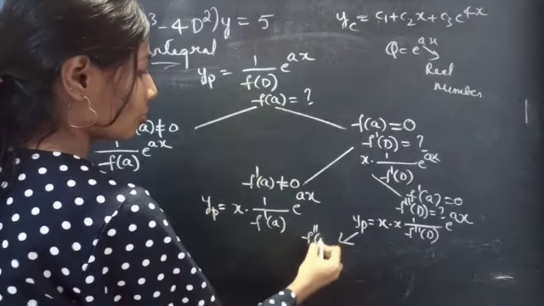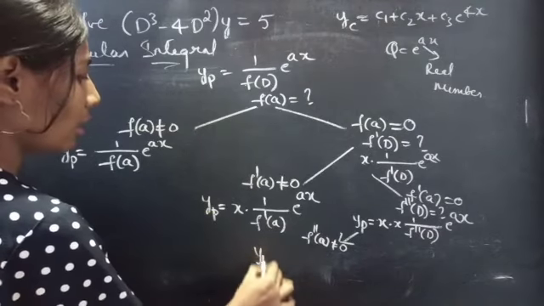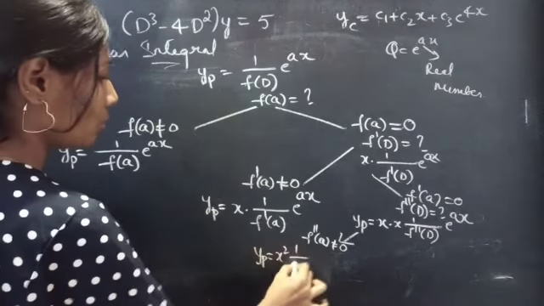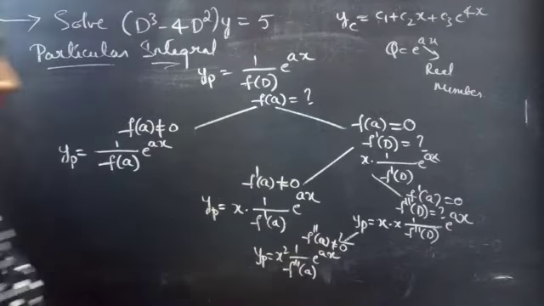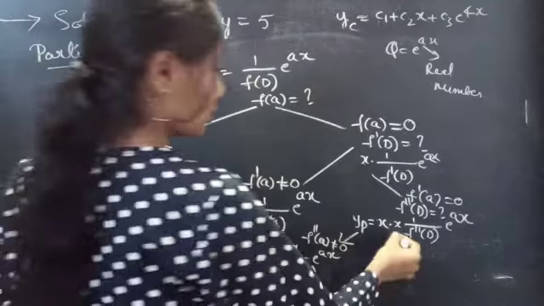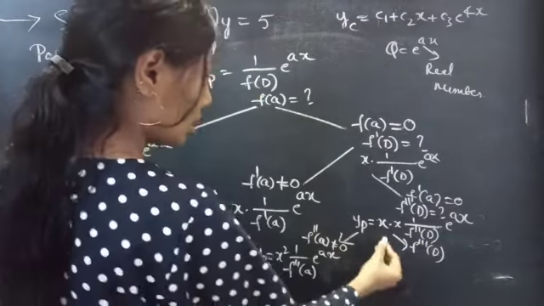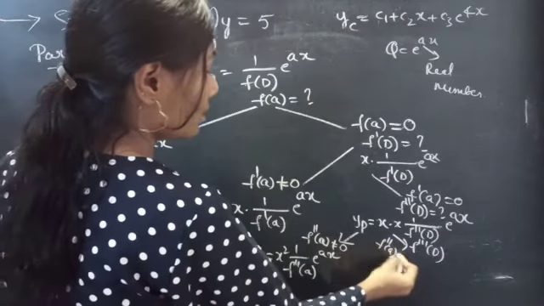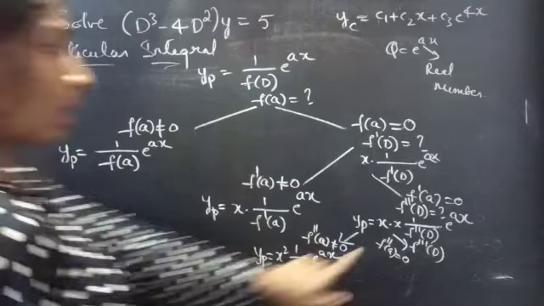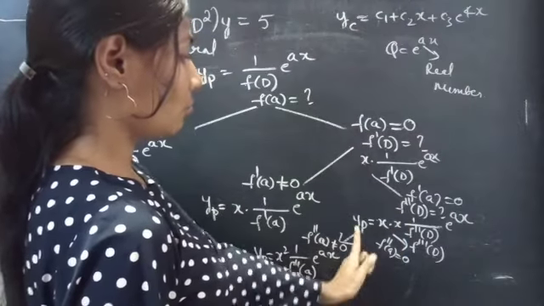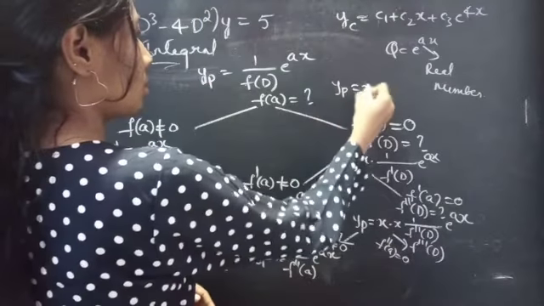If f double dash of a is not equals to 0, then our yp will be x square into 1 by f double dash of a into e power ax. Okay, if f double dash of a is equals to 0, then you'll find f triple dash of D, and you'll include one more x in yp, then you'll get x cube into 1 by f triple dash of D into e power ax.